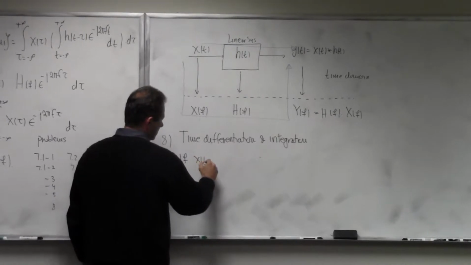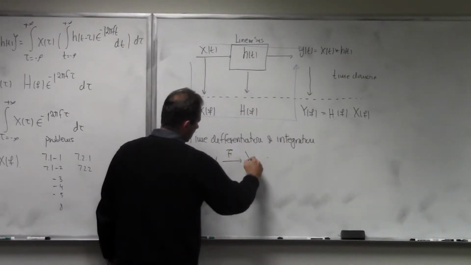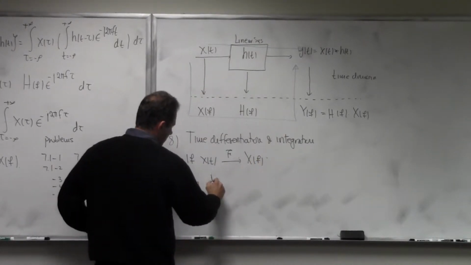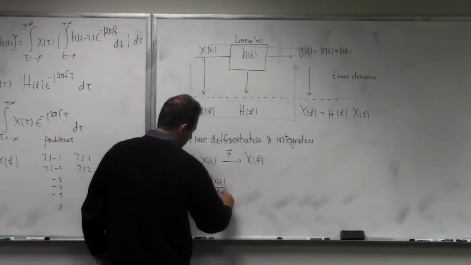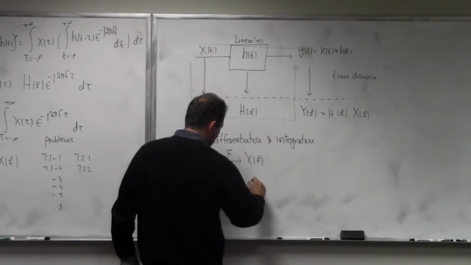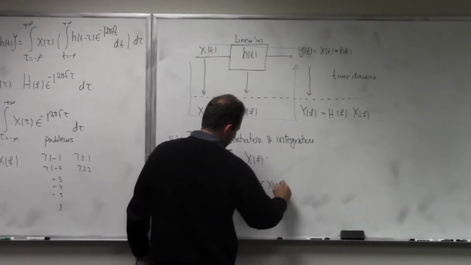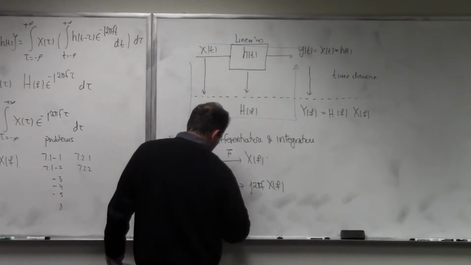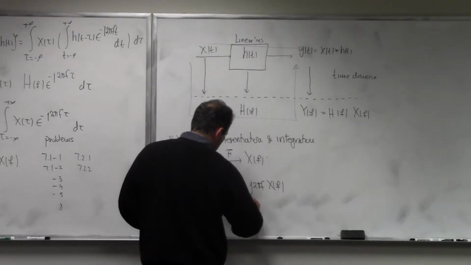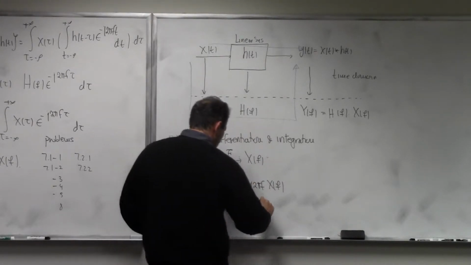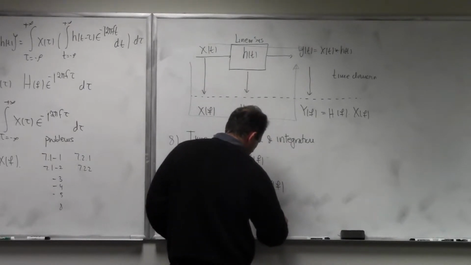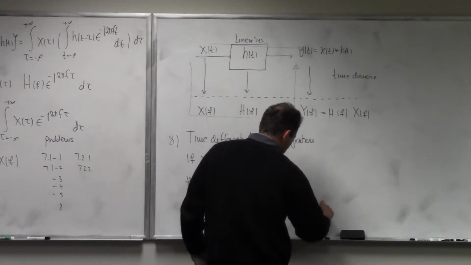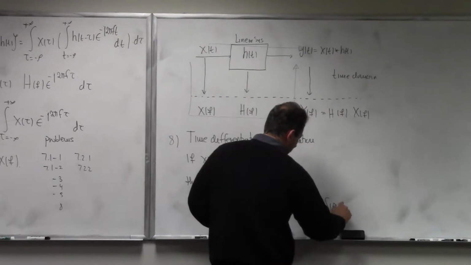If x of t has a Fourier transform X of f, then the derivative dx of t over dt has a Fourier transform j 2 pi f times X of f, and the integral from minus infinity to t of x of tau d tau has a Fourier transform 1 over j 2 pi f times X of f, plus 1/2 X of 0 times delta of f.